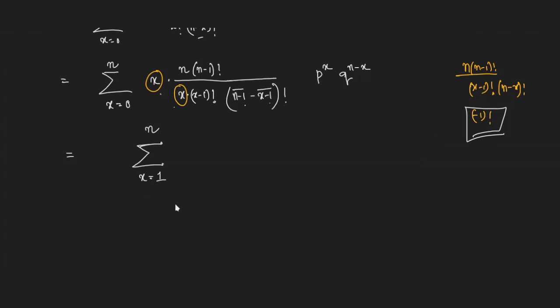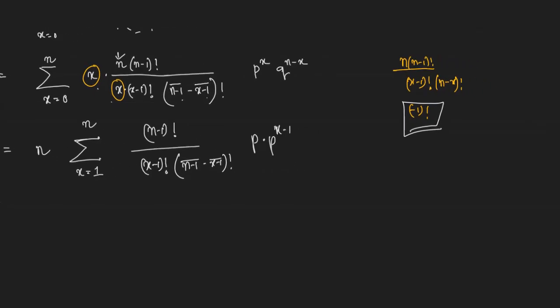Then x cancels out. The n has no relationship with x, so we take n outside. Above we have n minus 1 factorial, below x minus 1 factorial and then n minus 1 minus x minus 1 factorial. From p, I separated one p, so p into p to the power x minus 1; nothing else, ultimately you get the same value.